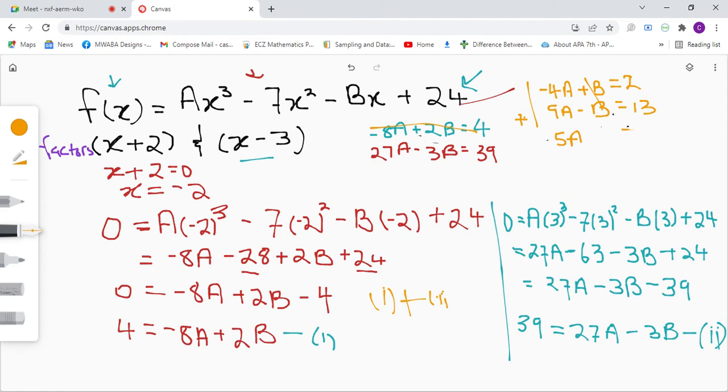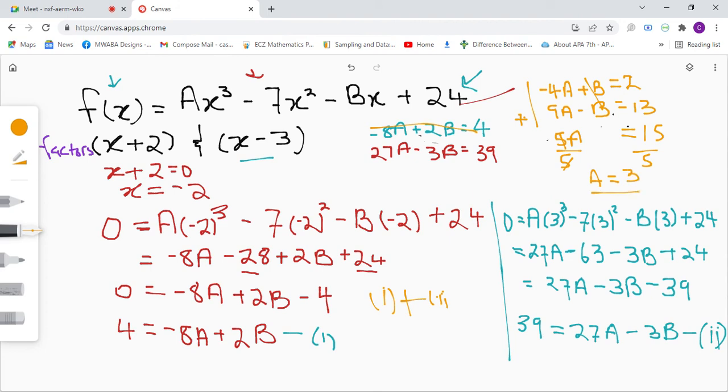Then 2 plus 13 gives us 15. Then we divide by 5. 15 divided by 5 is 3. So our value for a is 3.